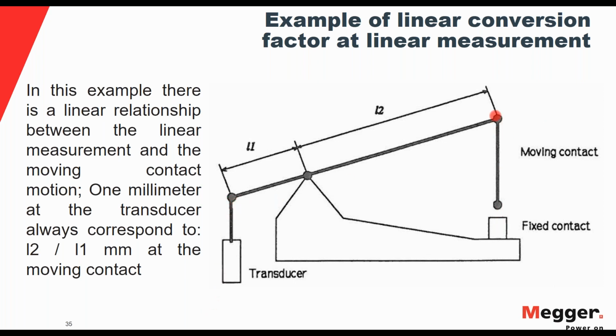But I'm not capturing this up and down directly, I'm capturing it through a helping arm. Now, if you know a little bit about simple physics, you can calculate a factor between this long arm and short arm that I'm mounting my transducer on. And from that, I can just divide these values and multiply it by the value I get in my transducer. It will give me the actual moving and fixed contact value.